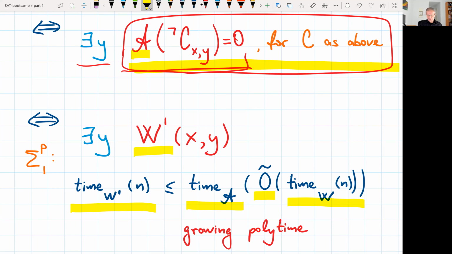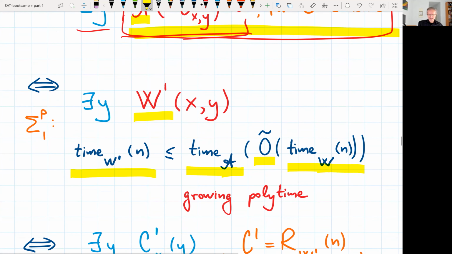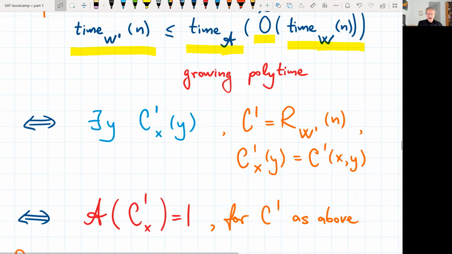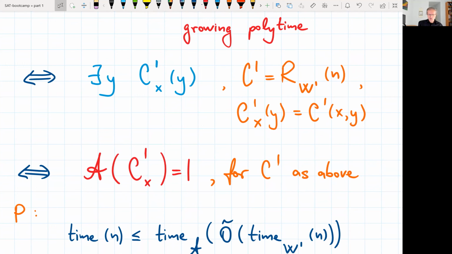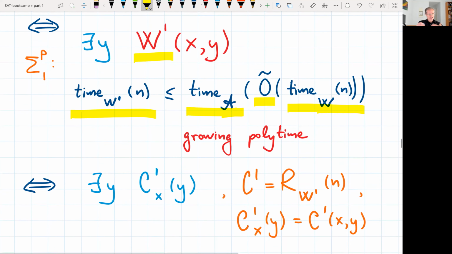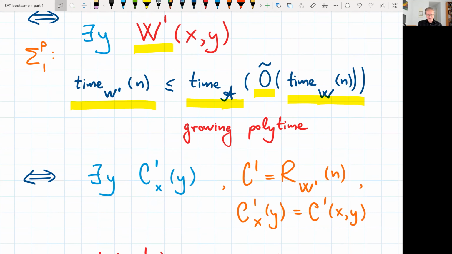So what we have is that if W was in polynomial time and SAT algorithm A runs in polynomial time, the composition of two polynomial times is polynomial, and so the running time of W prime is still polynomial, but it's growing. We're not done yet, so now we have this exists polynomial time computation, which is basically an NP question. We have a SAT algorithm that we want to use to answer this question.